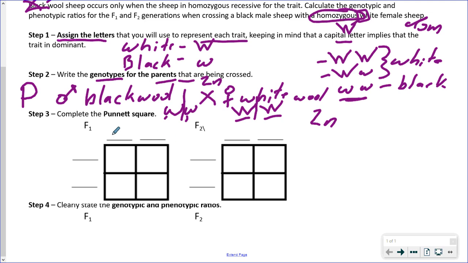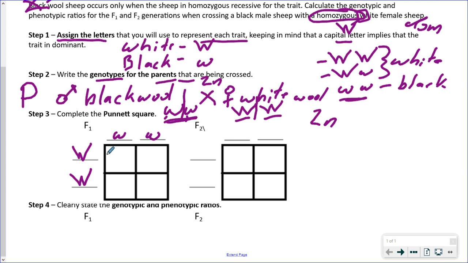Again, I'm putting the male at the top. So we would have a lowercase w. In fact, it's going to be a lowercase w in every single one of the sperm because that's all the male has, are the lowercase w's. Similarly, the female only has the capital W's, so every single one of the eggs is also going to have the capital W.